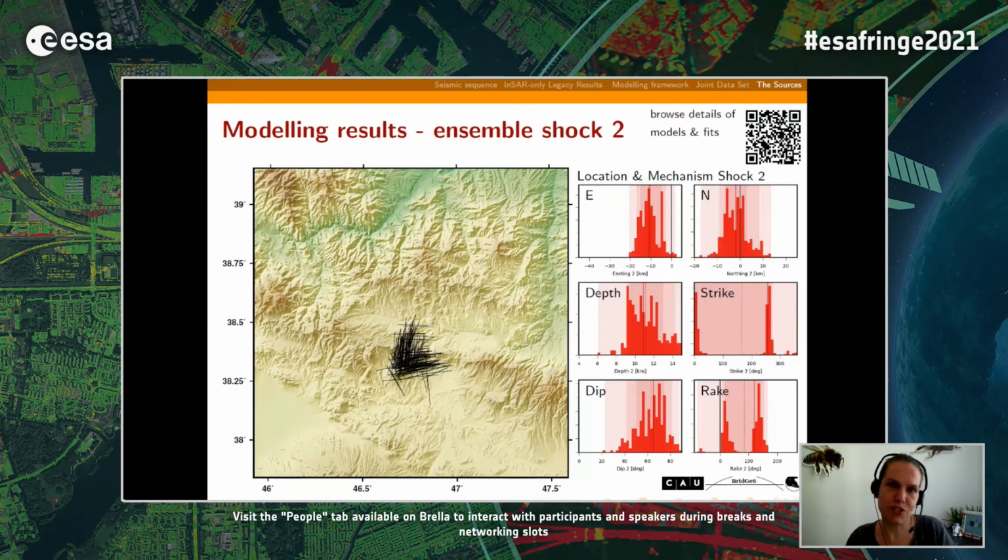We have a bimodal distribution, which I think, also from the kinematic modeling of the seismology, is just like that. If we would provide this to an earthquake catalog, I think we would provide this ensemble and say, well, this earthquake happened at a deeper level than the first one. So these are the possibilities for the mechanism. I would like to add here also the back projection results. Next slide, please.